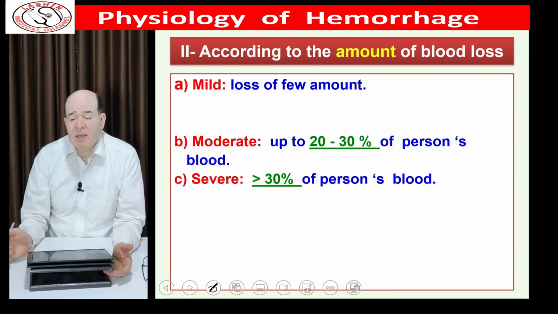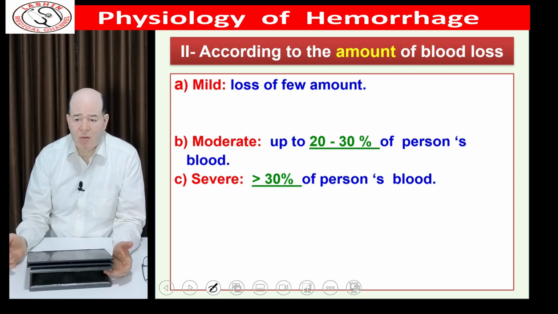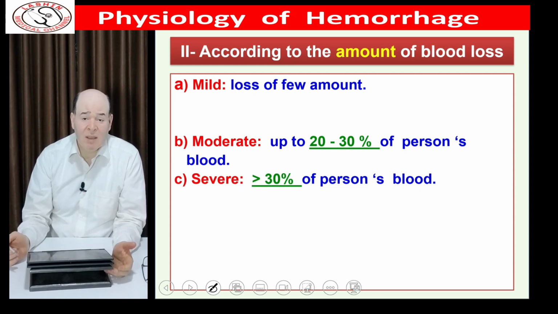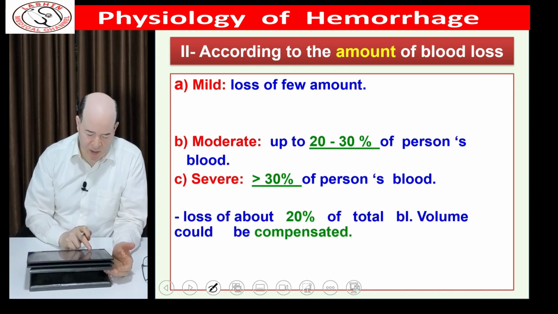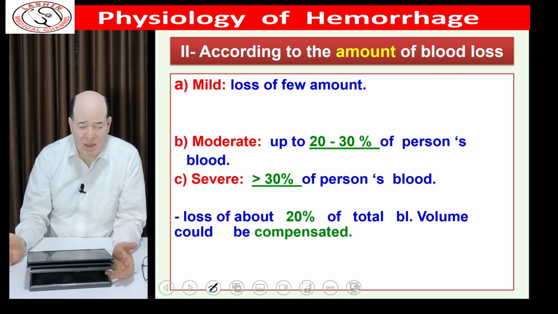We can classify hemorrhage according to the amount of blood loss into mild, moderate, and severe hemorrhage. Mild if we lose a few milliliters, moderate if we lose about 20% of our blood, and severe if we lose more than 30% of our blood. If we lose about 20% of our blood, our body can compensate.